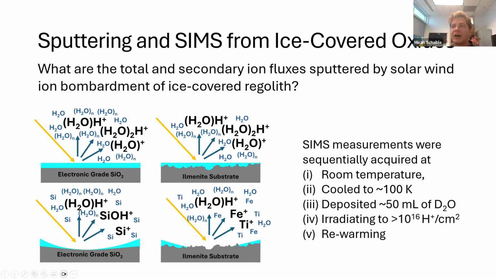Irradiations were done to fluences of about 10^16 H+ per centimeter squared. Then we compared the SIMS spectra before and after the deposition and irradiation to see if there were any changes in the surface composition resulting from the water deposition and irradiation.